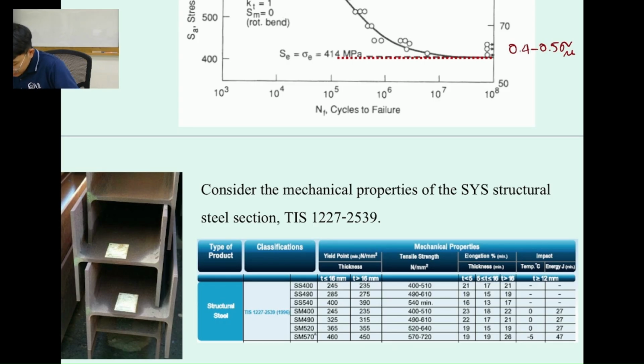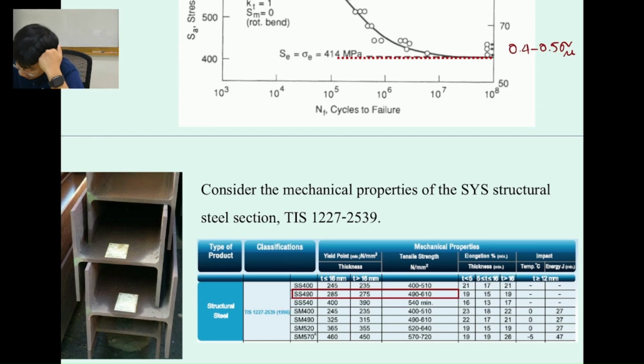Okay, so for example, if I go back to this steel and I would like to calculate for the SS490 right here, for example, in the examination, I may provide you this table, and then I say, okay, I would like to check whether my sample will be higher or lower than the endurance limit if I use it to construct the beam for the railway.